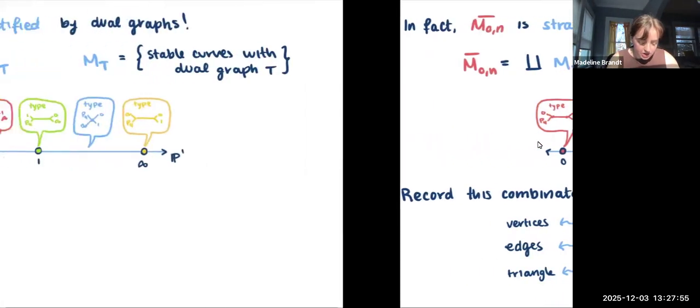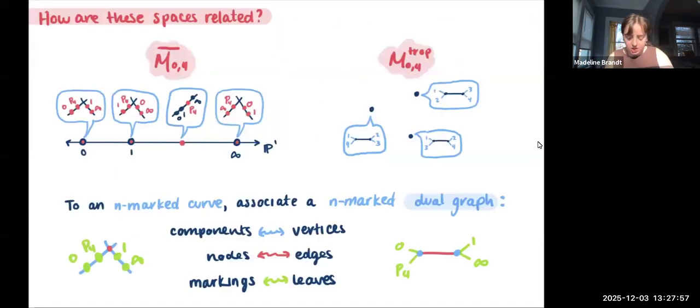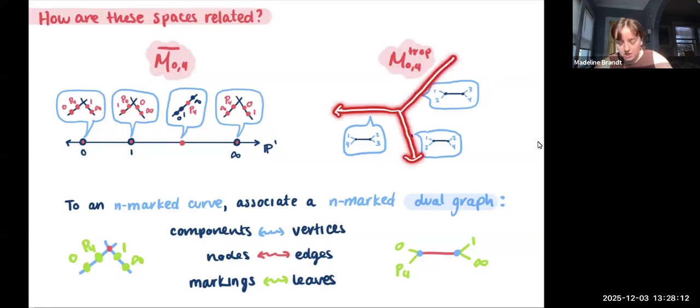Let me go back to this picture really quick. If you don't restrict the edge length to be 0, then this edge length can vary, right? So each of these would give you a ray. So your space would look something like that. And then that tree that has no internal edge, just one vertex and all the leaves sitting there, is the point in the middle of this.